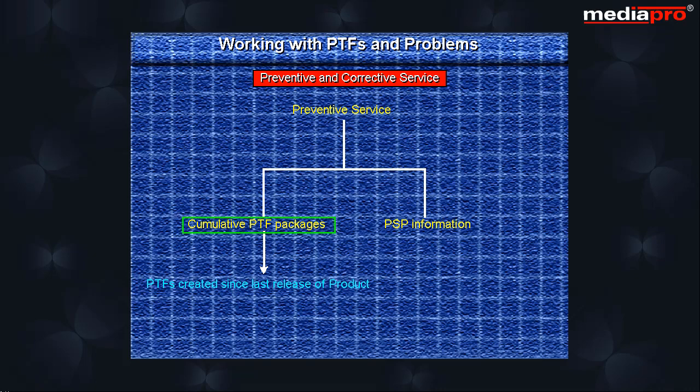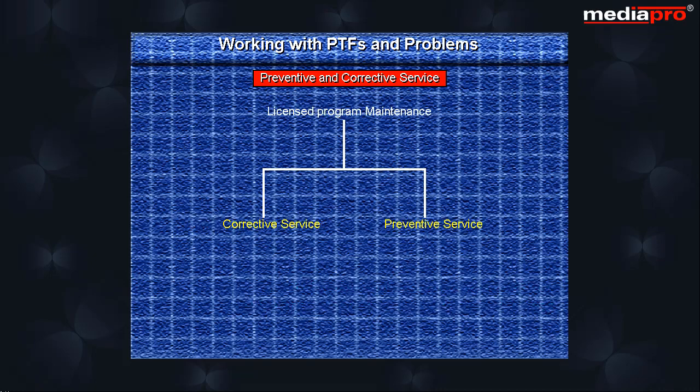The cumulative PTF package should be installed after you load the current release of your system. Preventive Service Planning information is available between releases of cumulative PTF packages and contains a list of PTFs available since the last cumulative package was available.